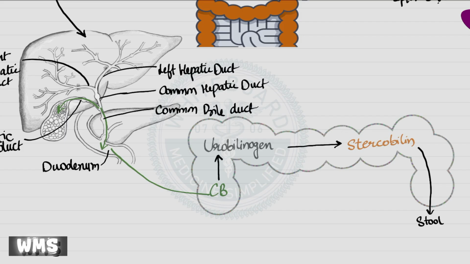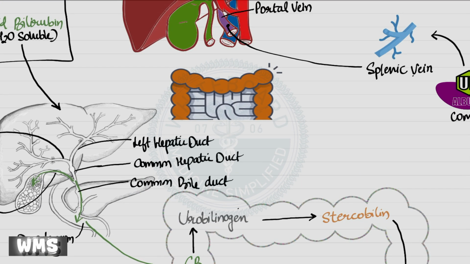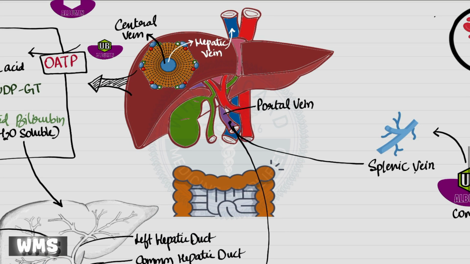However, a small portion, roughly 10 to 20% of the urobilinogen, is reabsorbed back into the portal circulation, and this process is called the enterohepatic circulation. Now, when this reabsorbed urobilinogen returns to the liver, most of it is recycled and secreted again into the bile.